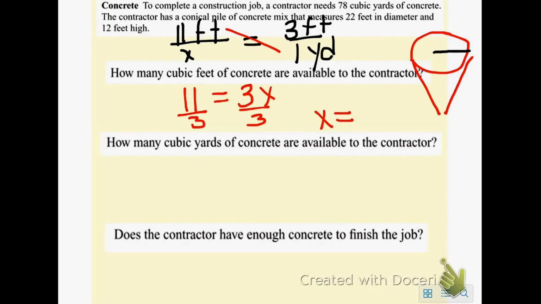x equals 3.6 repeating. So I'm going to round that to 3.7. That is going to be my radius. Then I know that it's 12 feet tall. So again, I have 12 feet, and I want to find out how many yards that is.